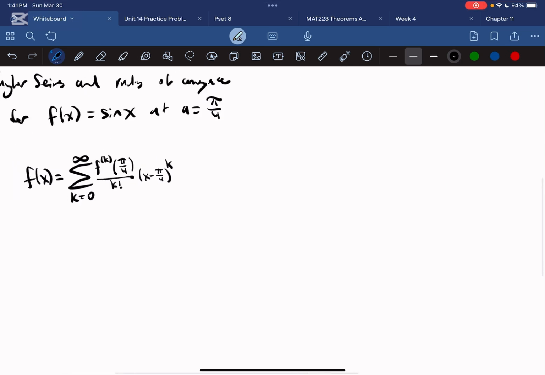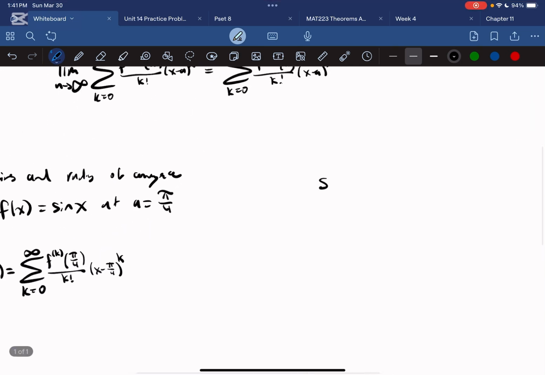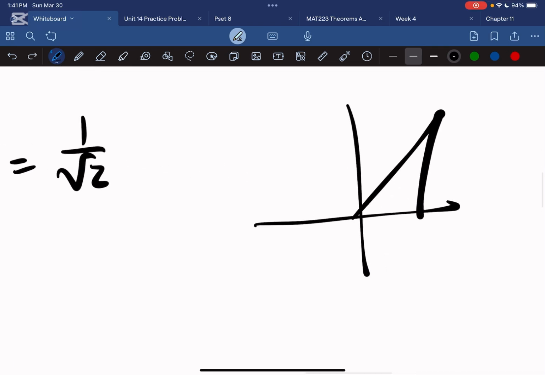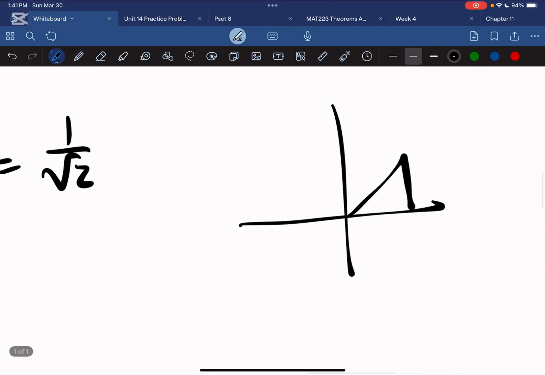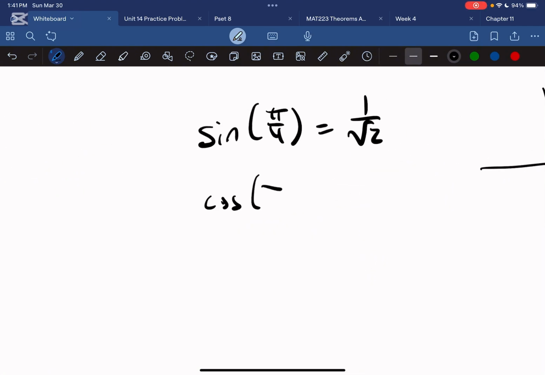And now we can take a look at something. We can see we have sin of pi over 4, right? And sin of pi over 4, this is 1 over root 2, right? If we draw our CAST grid, 1, 1, root 2, right? And that's the same with cos.